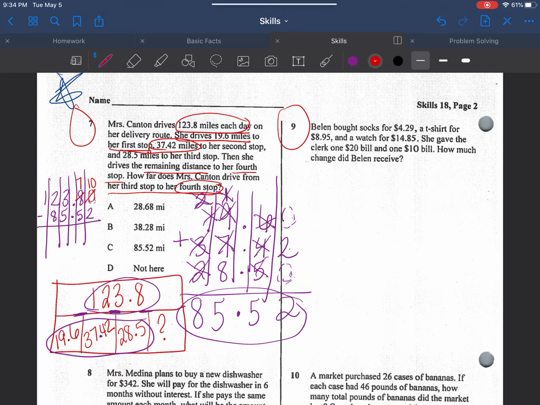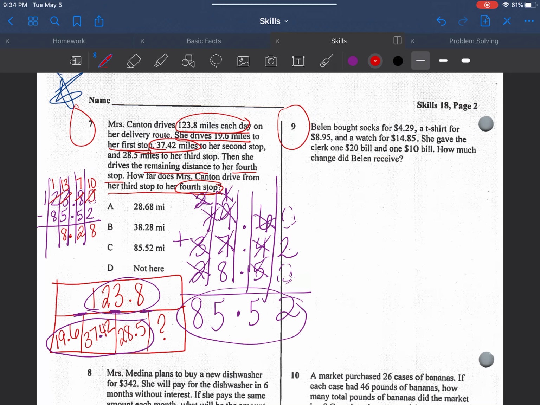So I'm going to start subtracting. 0 minus 2, we cannot. So the 8 becomes a 7, and the 0 becomes a 10. 10 minus 2 is 8. So now I go to my 10th place. 7 minus 5 is 2.